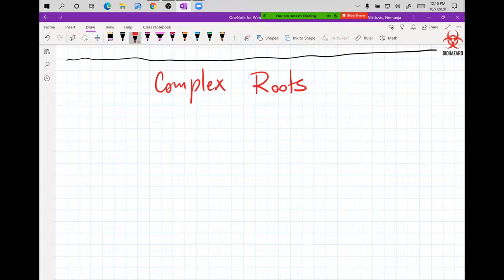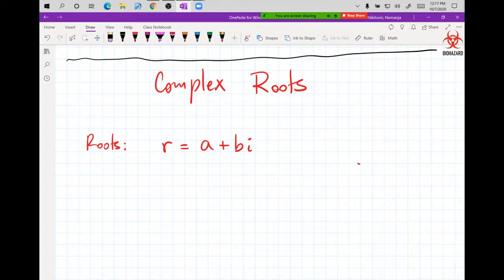So if the roots are of the form, usually we write z for a complex number, but I'm going to write r because that's what you are used to. If r is equal to a plus minus bi, you have seen these numbers before, like 3 plus 2i, 4 minus i, and stuff like that, right?